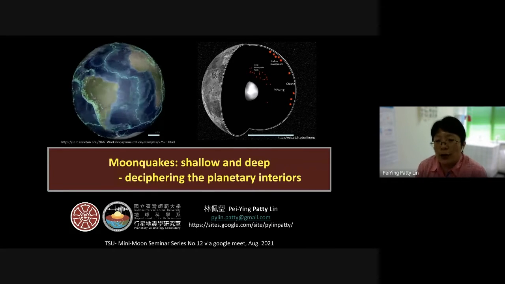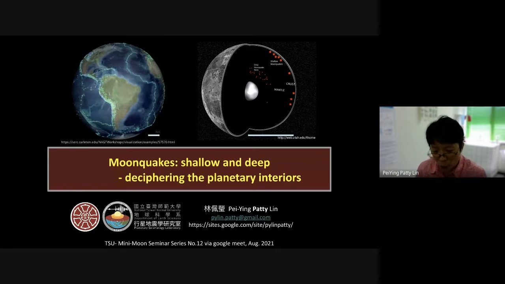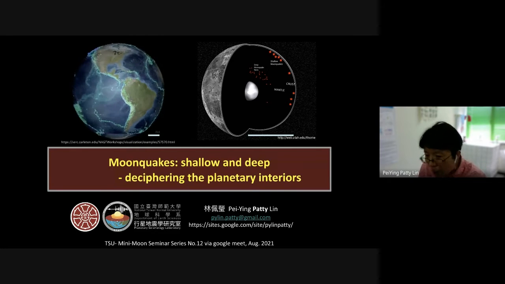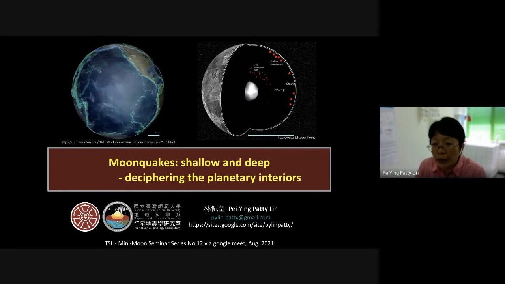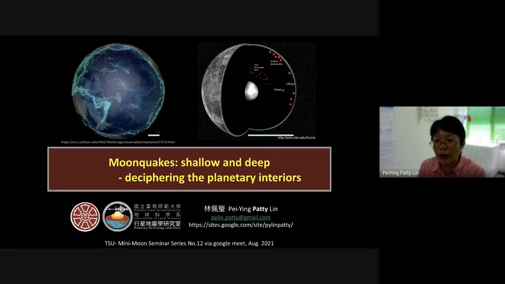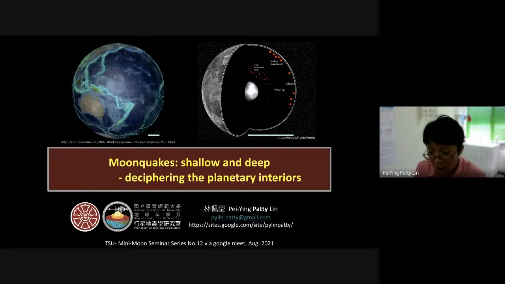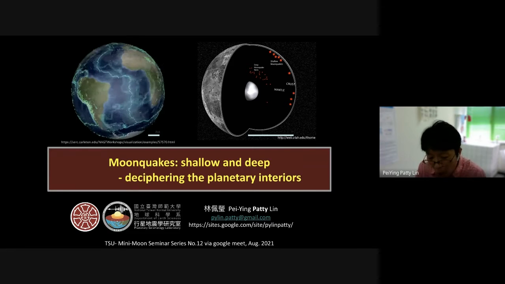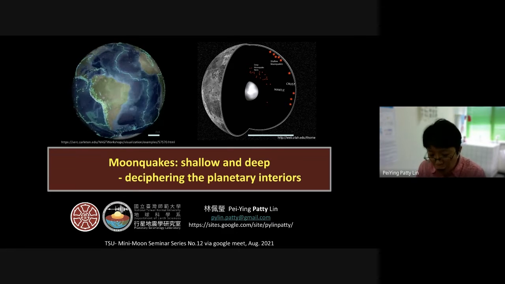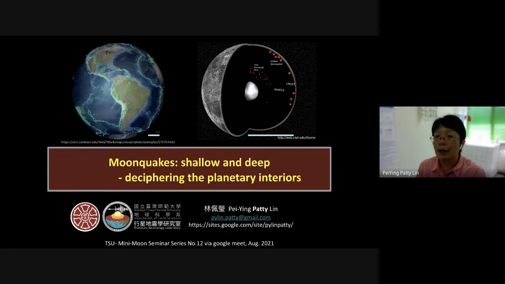Although we feel earthquakes, like people in Taiwan, and we know something happened beneath the surface, we cannot really sample it from the surface to the deep core. So far, we don't totally understand what happened and how.